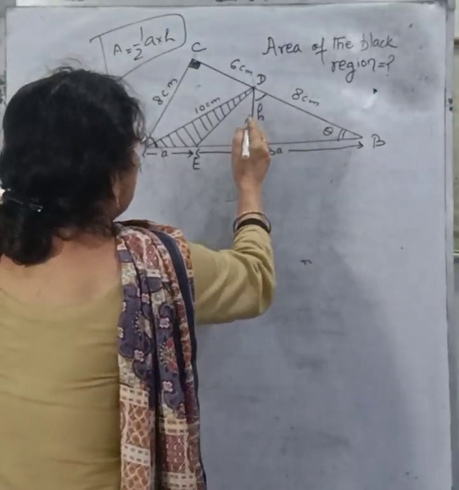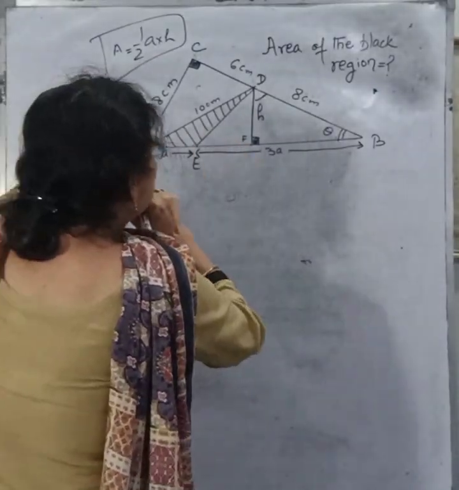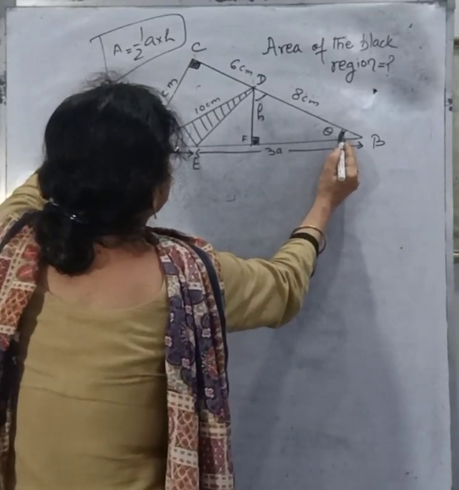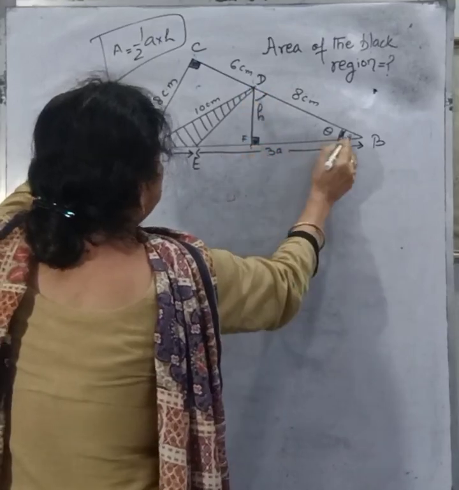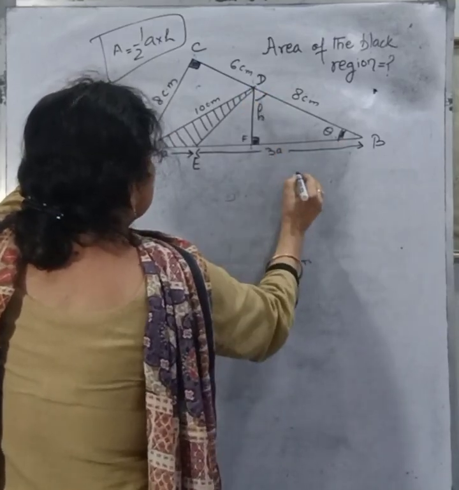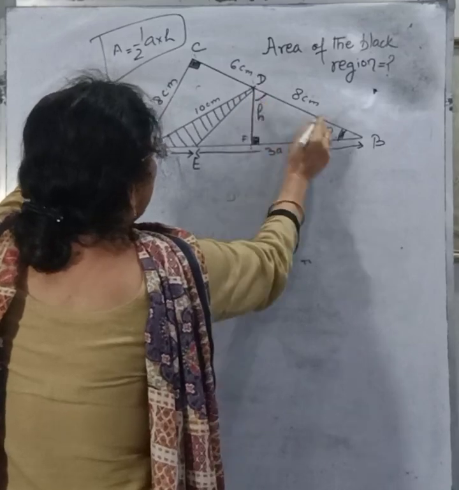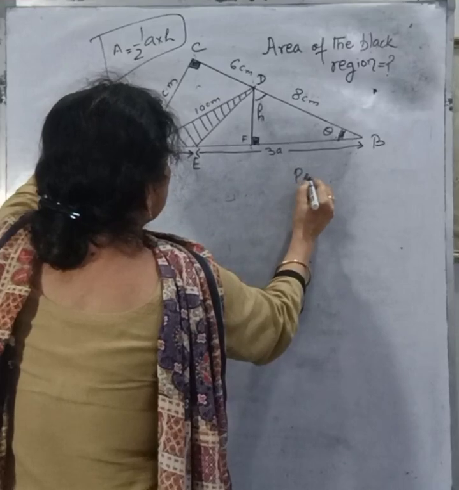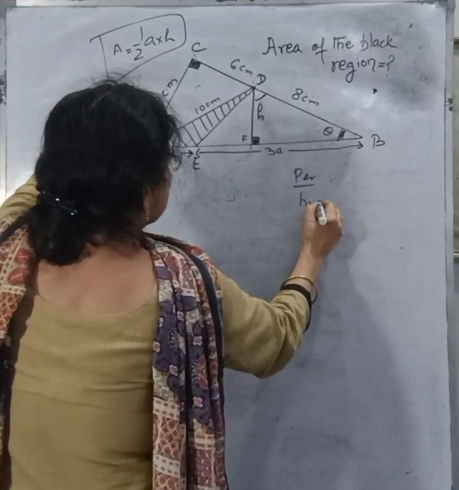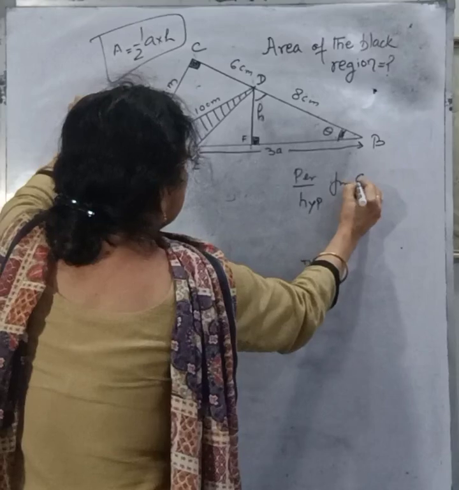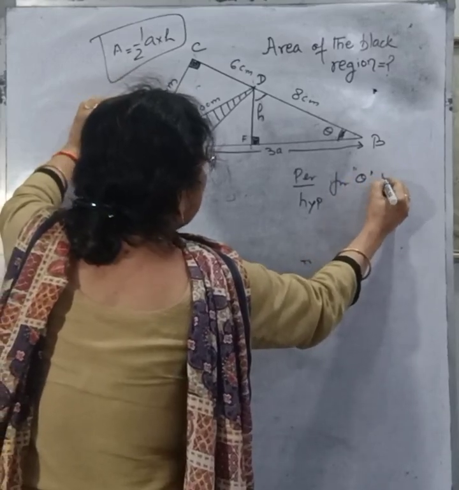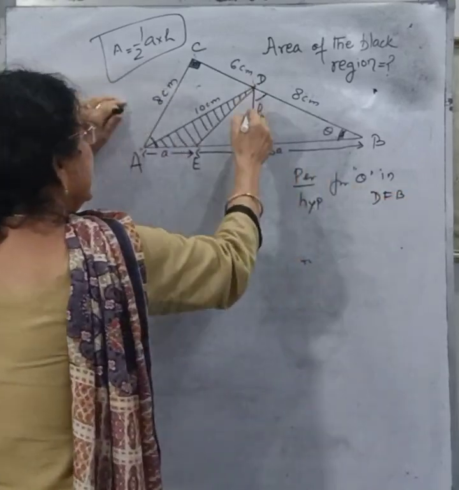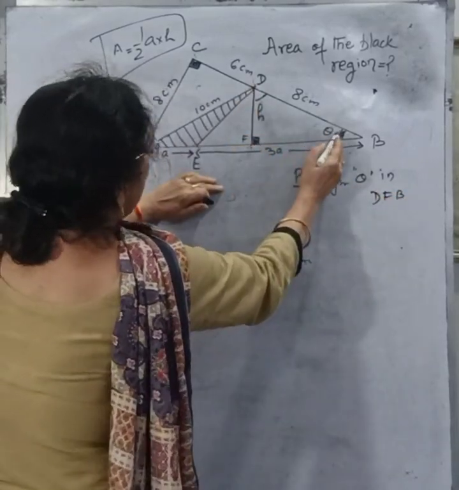So that in order to find H, we consider this angle theta in this triangle DFB, perpendicular upon hypotenuse.